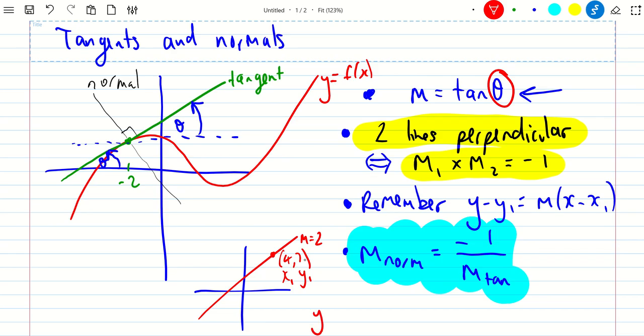It will be y minus y1, so y minus 7 is equal to the gradient 2, times x minus x1, so x minus 4.